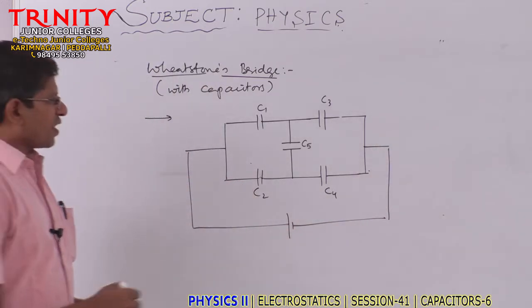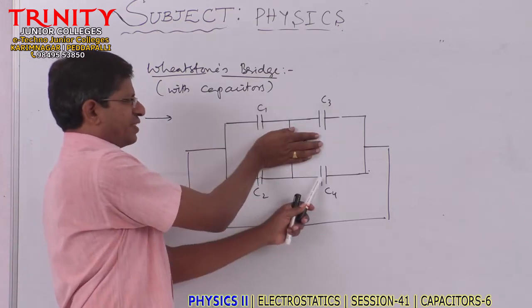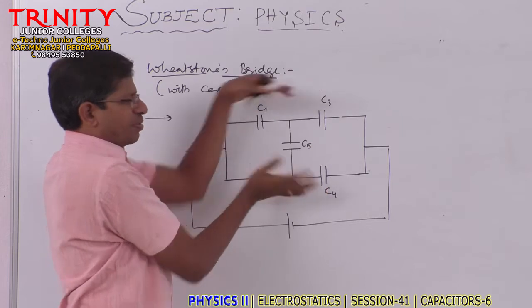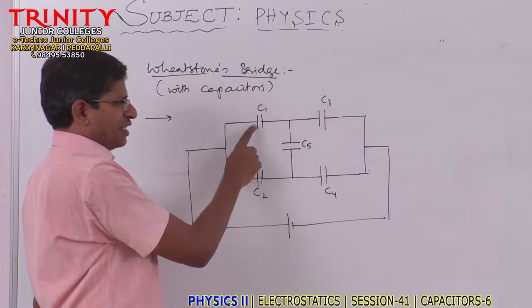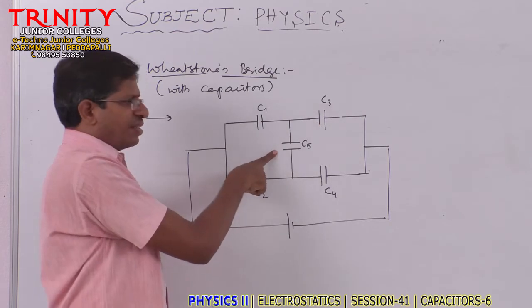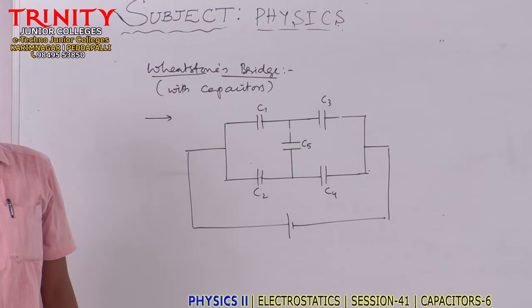See, if there was no capacitor here, these two are in series and these two are in series, and this branch is parallel to this branch. But because of C5, these are not parallel and these two are not series. So this is not a series combination, not a parallel combination as well.